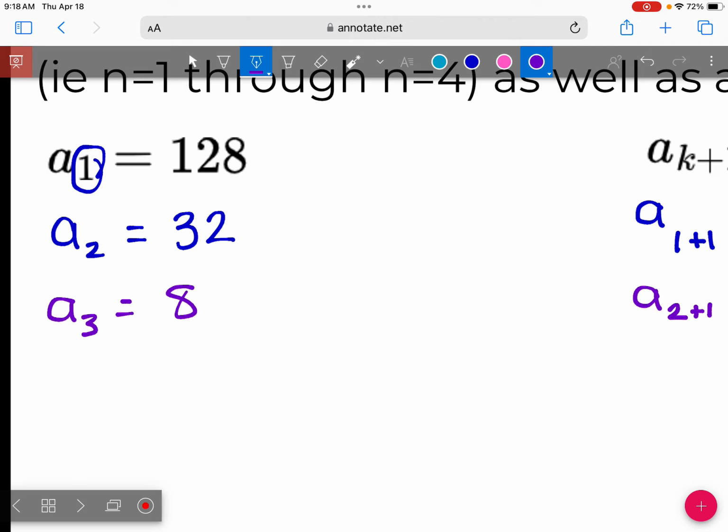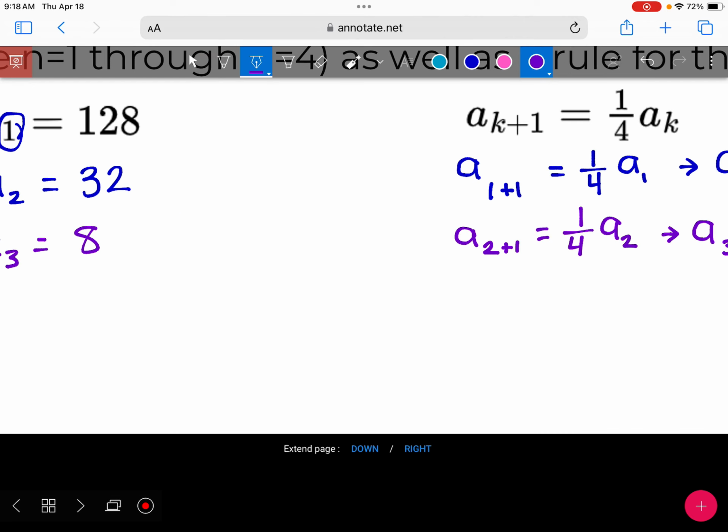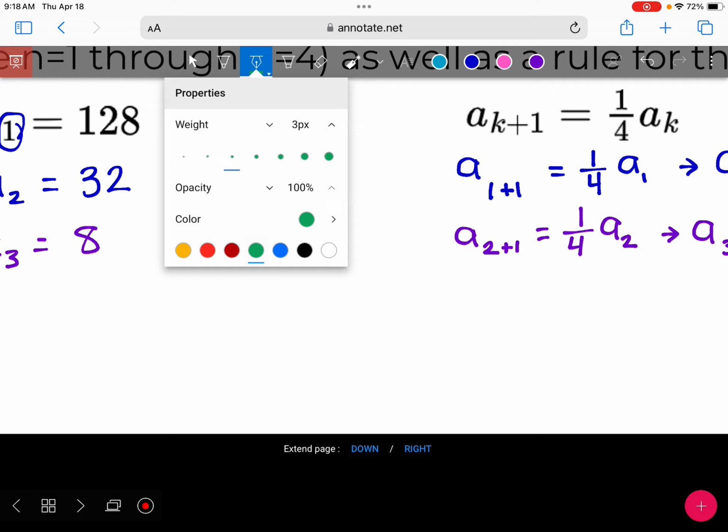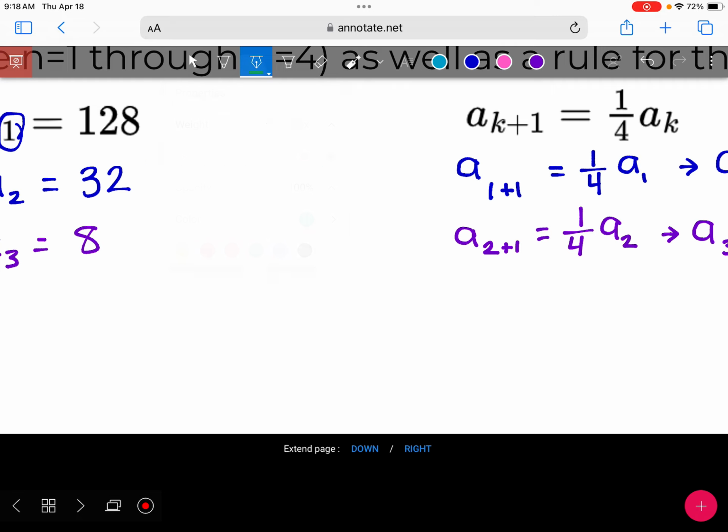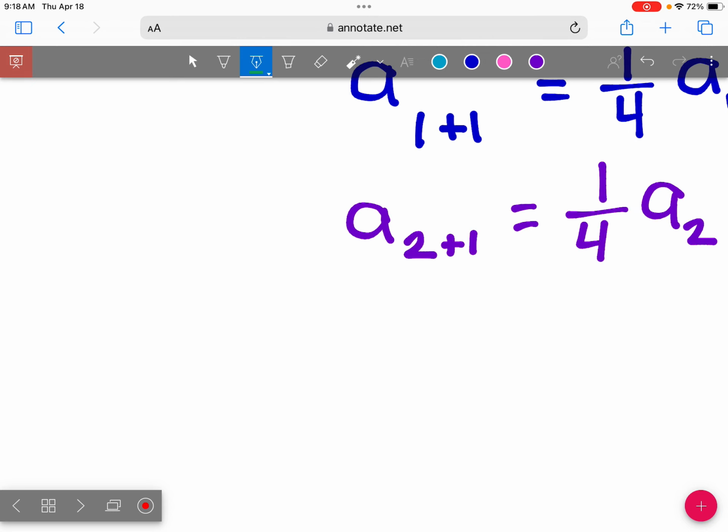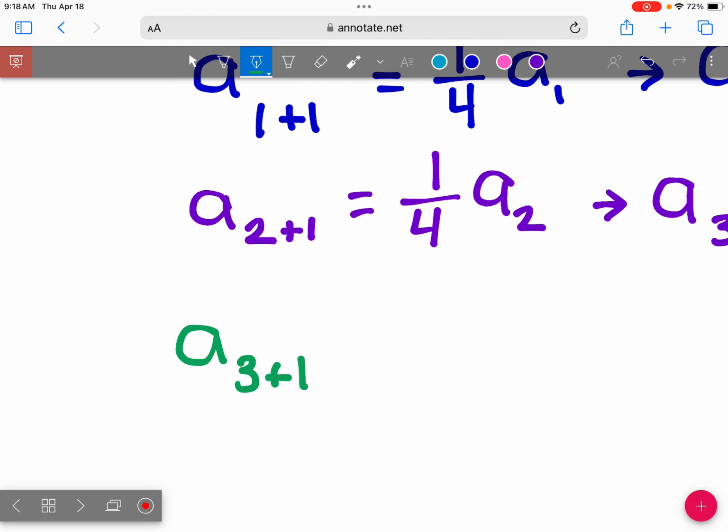8. So let's grab a sub 4, and then we should be able to spot our pattern, especially if we write it down this way. So we're going to get our a sub 4 from using our k of 3 plus 1 equals 1/4 times a sub 3.